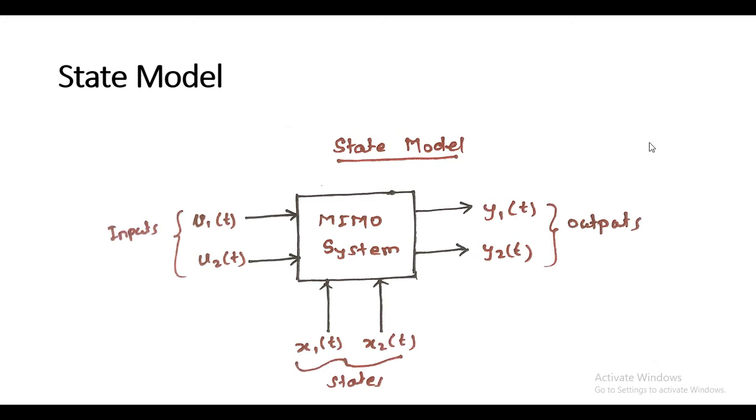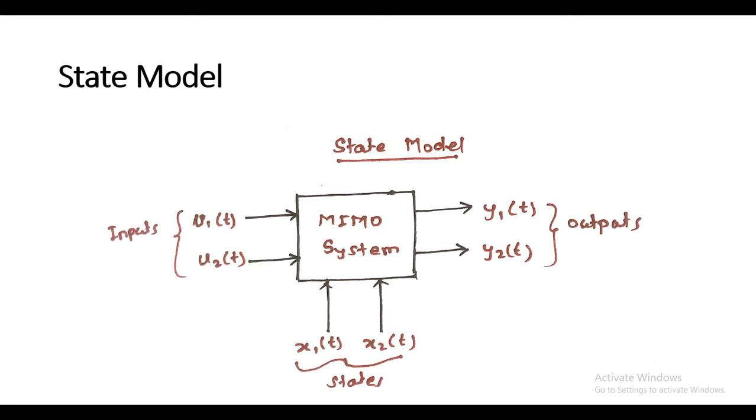Let me explain first. In the state model, we have to obtain the output equation first, in terms of Y1(t) or Y2(t). Let us see first how the output equation is calculated, and then I will show you how the state equations can be calculated.